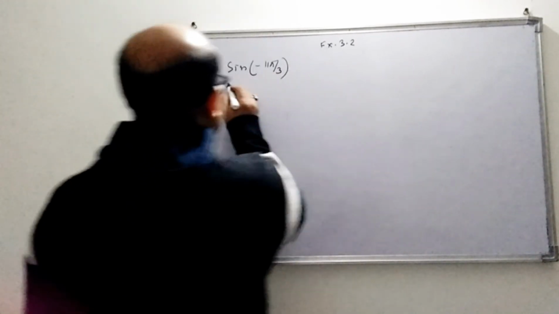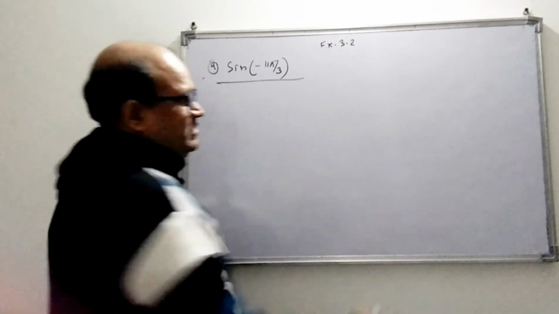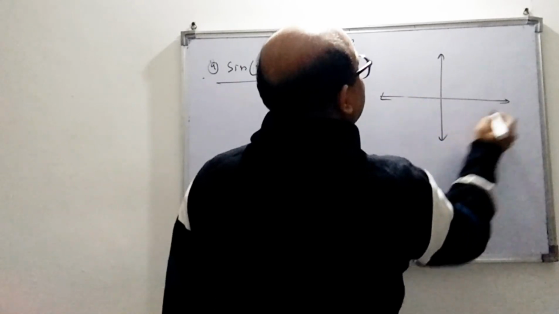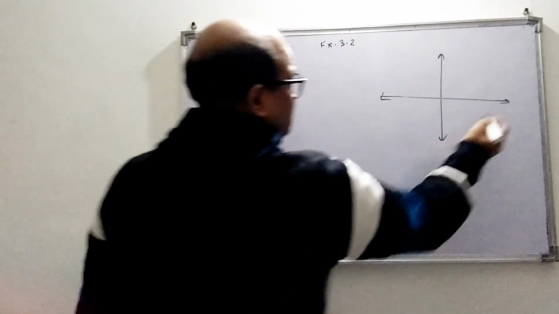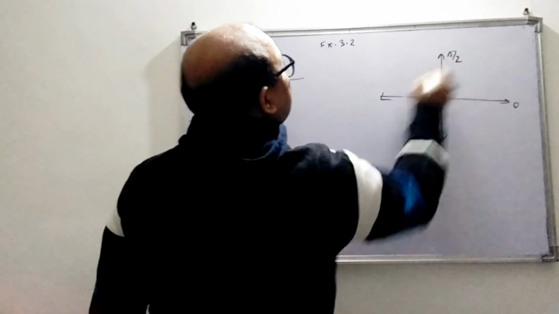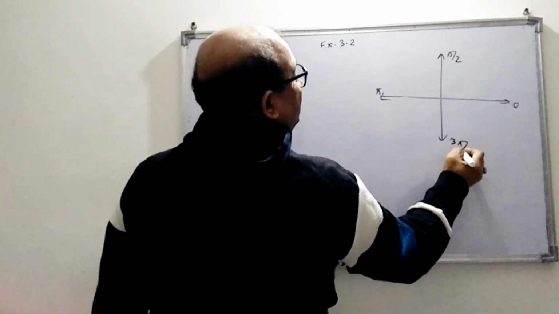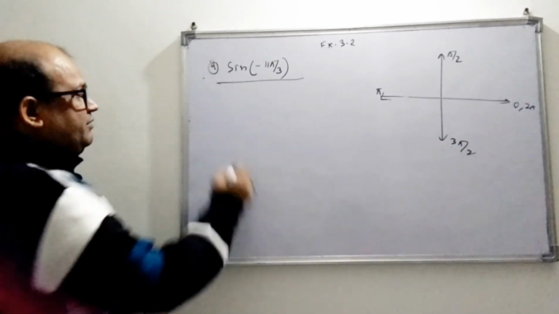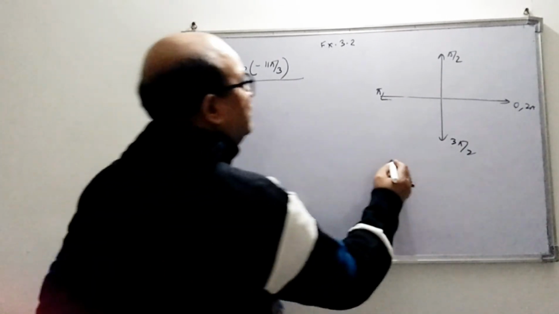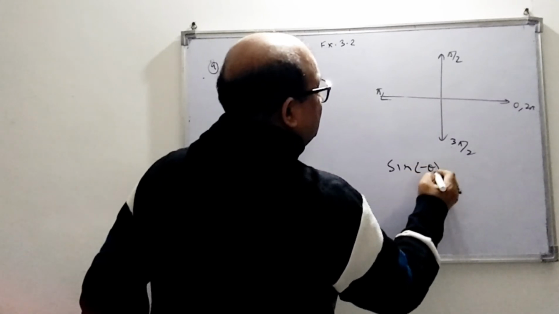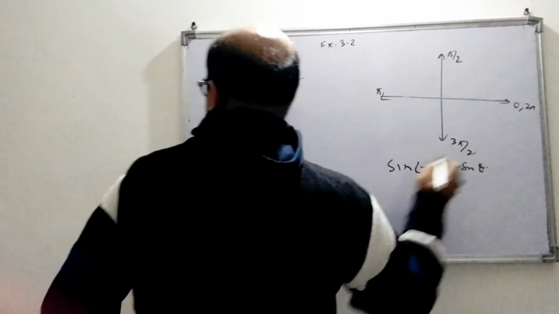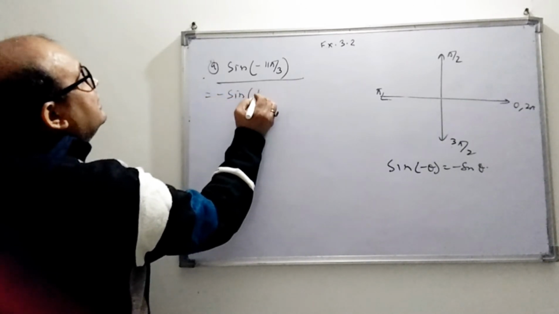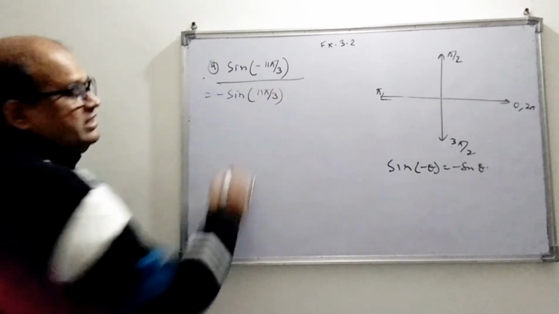Now next is sine of minus 11 pi by 3. Let us see: 0, pi by 2, pi, 3 pi by 2, and 2 pi. We know sine of minus theta equals minus sine theta. So sine of minus 11 pi by 3 equals minus sine 11 pi by 3.